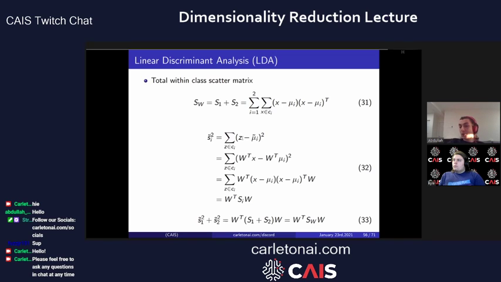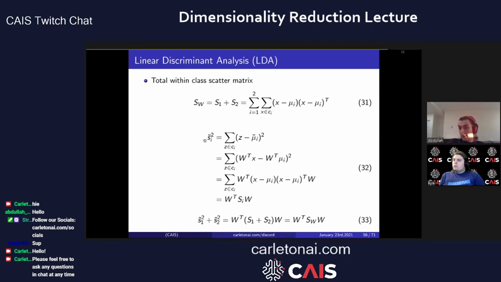The projected data is the transformation matrix multiplied with the original data, and the projected mean is the transformation matrix multiplied with the mean of the data for class i. That can be rewritten as the distance between X and the mean of that class multiplied from both left and right with the transformation matrix. But this whole term is simply the scatter matrix for class i in the original data.